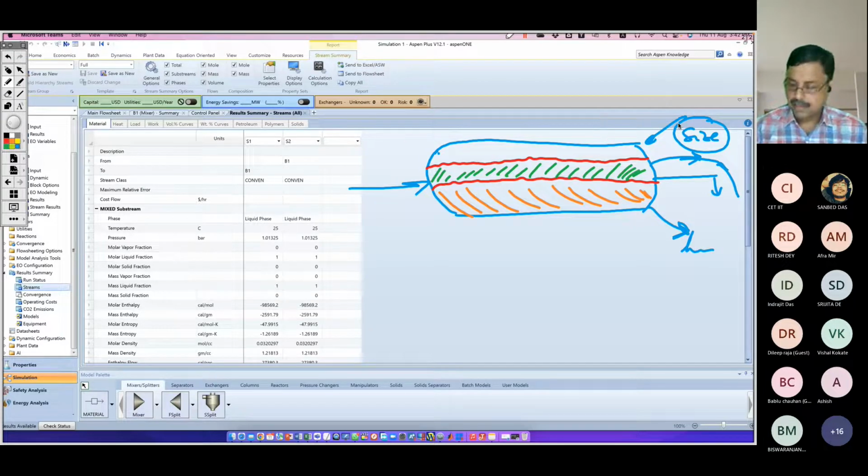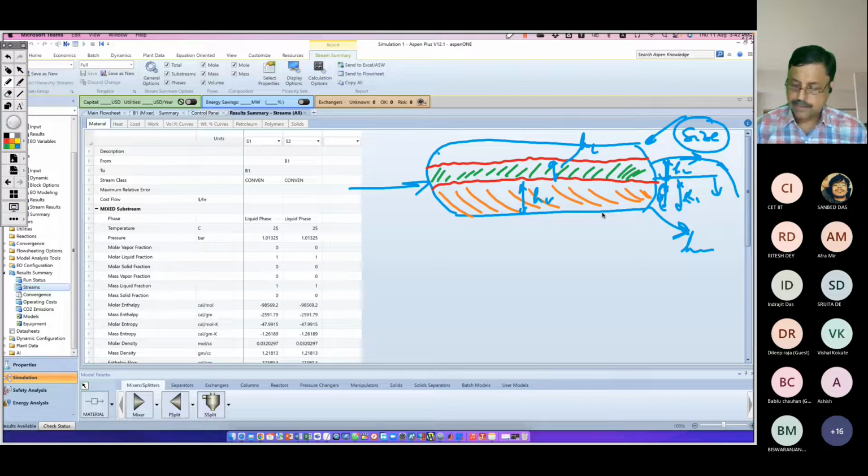As you can understand, this is the height of the heavier liquid, and this is the height of the lighter liquid. So the height of the heavier liquid is HV, and the height of the lighter liquid is HL.